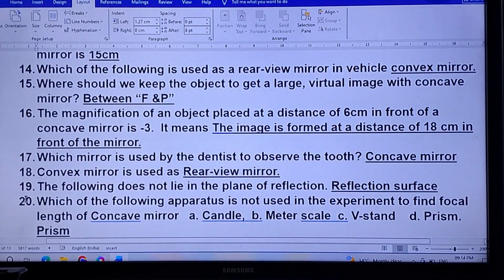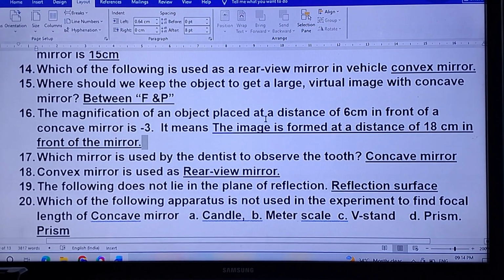The magnification of an object placed at a distance of 6 centimeters in front of a concave mirror is -3. What does it mean? It means the image is formed at a distance of 18 centimeters in front of the mirror.